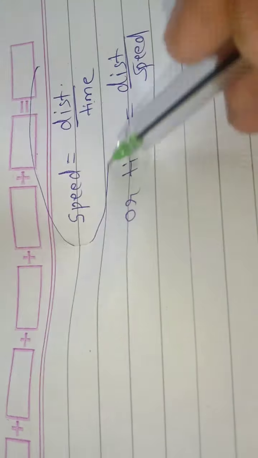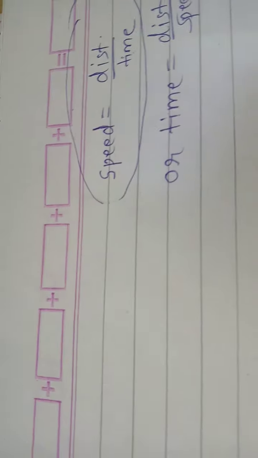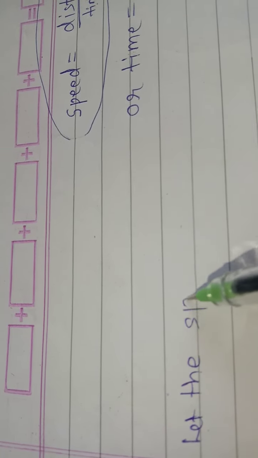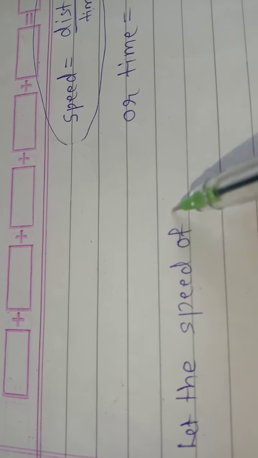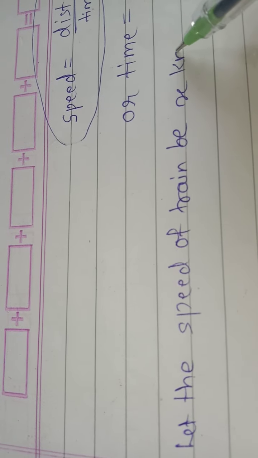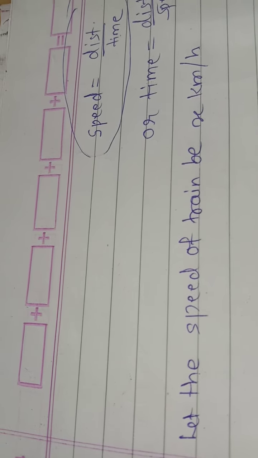You have done this in science actually, so we are going to use science in mathematics. First of all, we don't know the speed of the train, so I will write here, let the speed of the train be x kilometer per hour. Okay, speed of the train is x kilometer per hour.